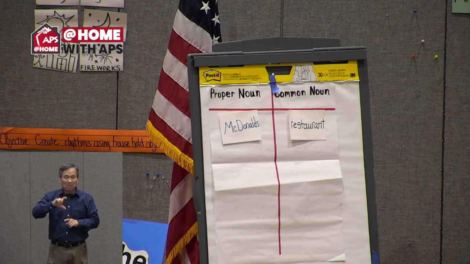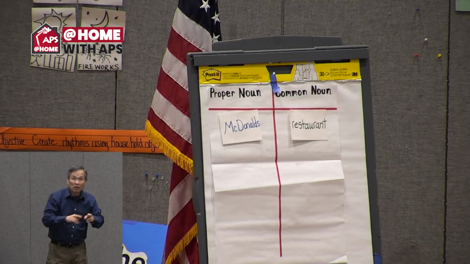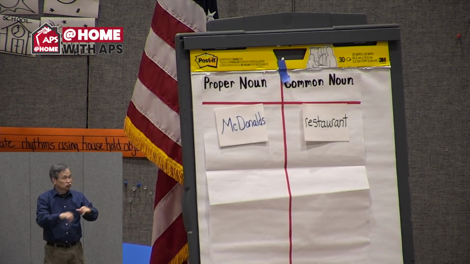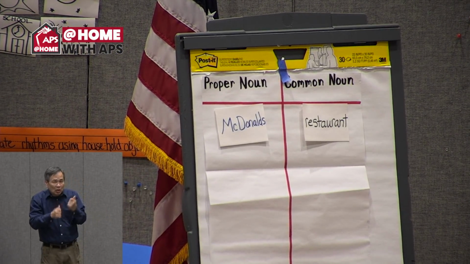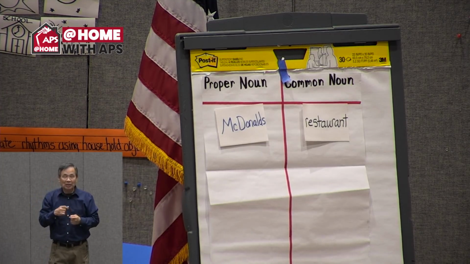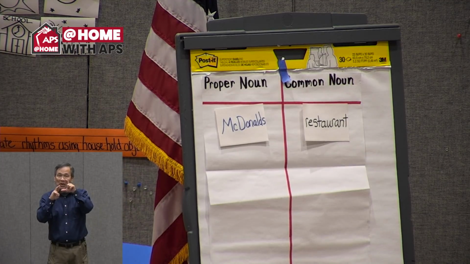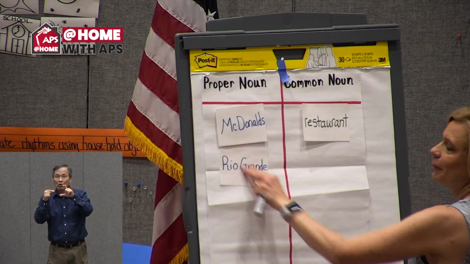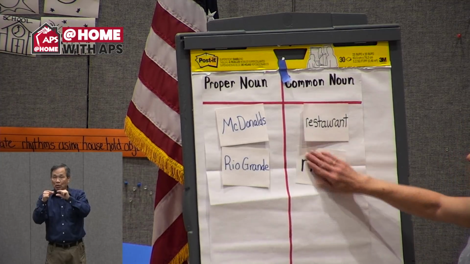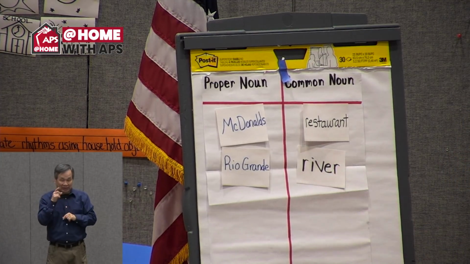I love to go to the river. But you don't know which river it is, do you? So that's not quite as specific. If I wanted to be more specific, I could say the Rio Grande. I'm going to capitalize that because that's a proper noun. Rio Grande. And then it matches river, which is a common noun.